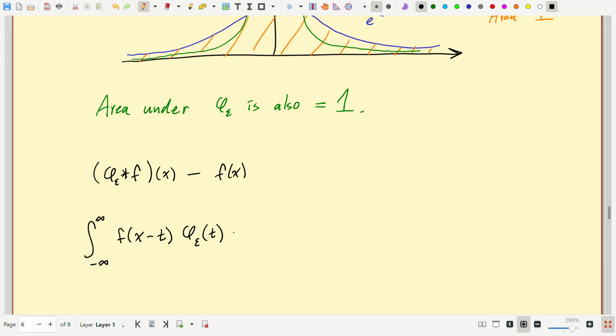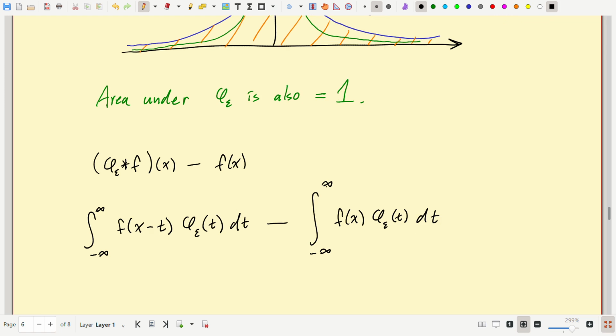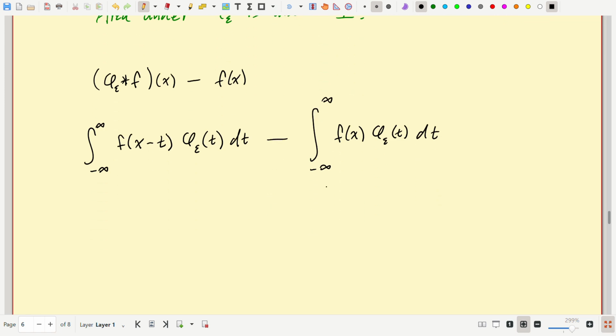Definitely. And then I have minus the f of x. And because the integral under that thing is 1, I can write it as an f of x here. So that f of x is a constant. And then you can play around and split that integral into pieces.